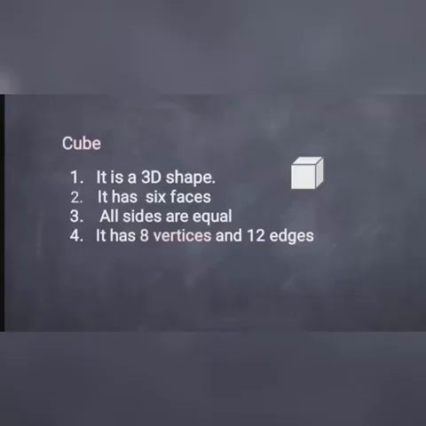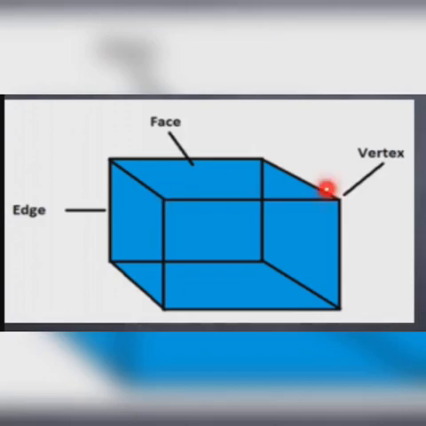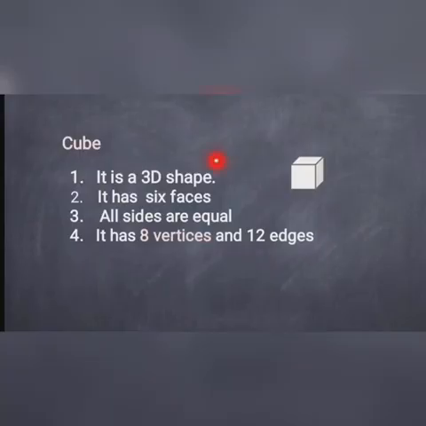Now we see some other shapes and their properties. First one is cube. This is a picture of a cube. It is a 3D shape. 3D shapes mean they contain length, breadth, also height. It has 6 faces.